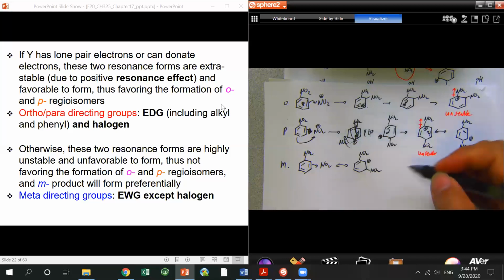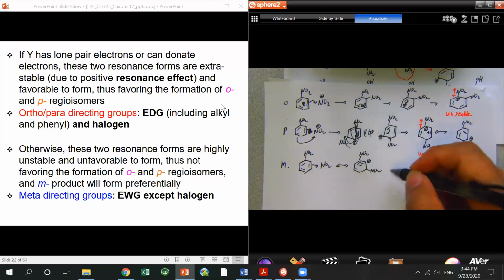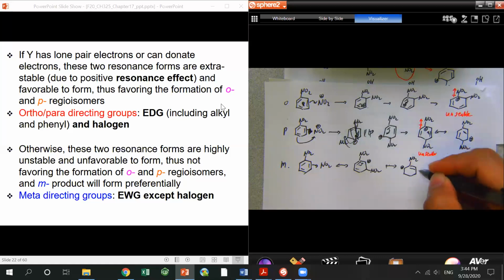Positive charge on this carbon, and then you shift the lone pair electrons here. Now the positive charge just bypasses the carbon with the first nitro group attached, and then certainly you draw the last one.